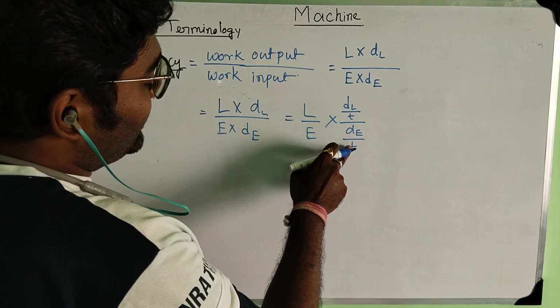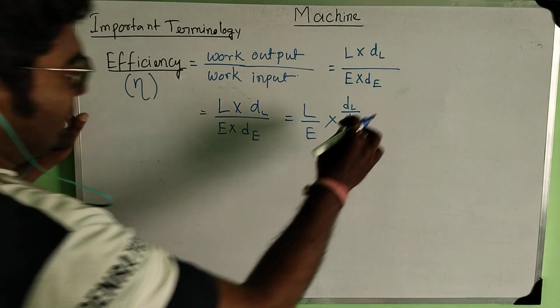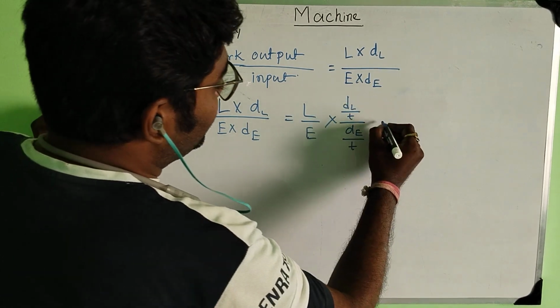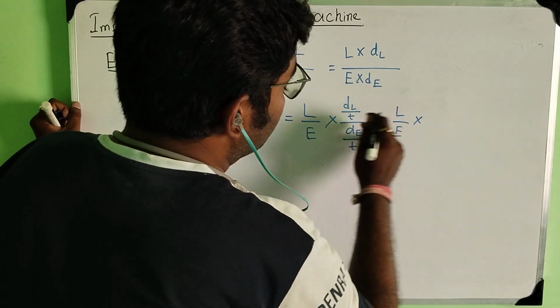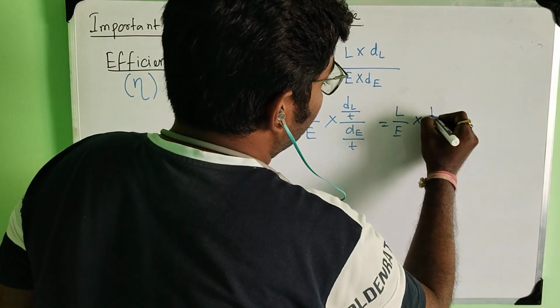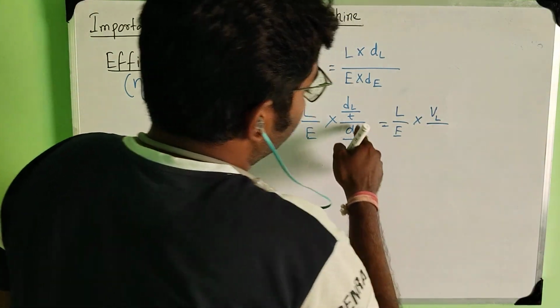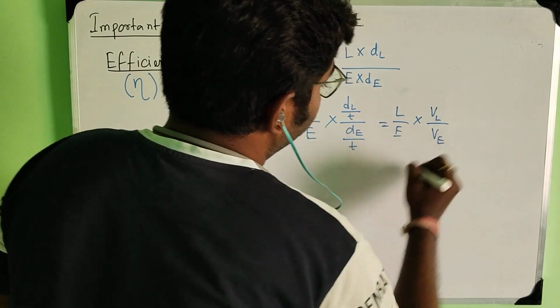Displacement by time is velocity. So we get load by effort into the velocity of the load by the velocity of the effort.